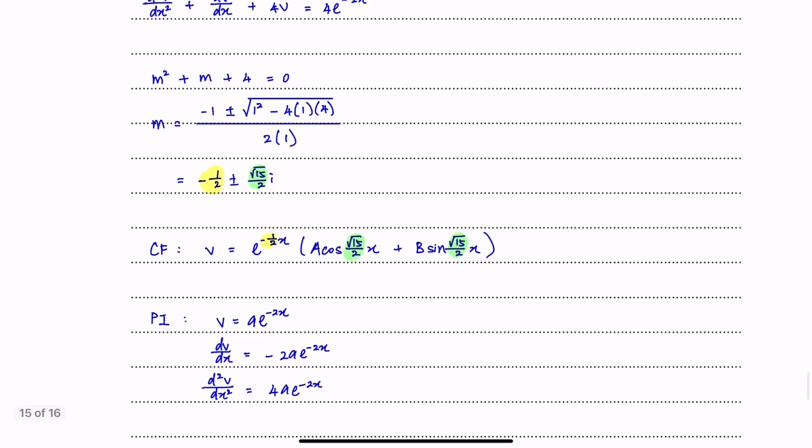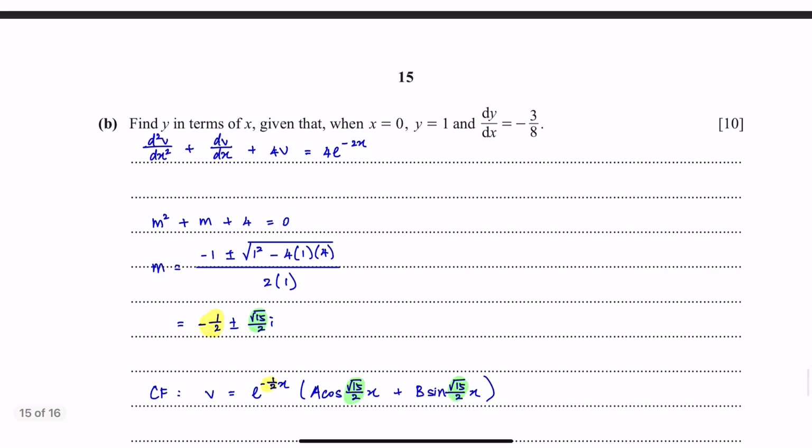So now we can use the values given. When x equals 0, y equals 1, and dy/dx equals negative 3/8.